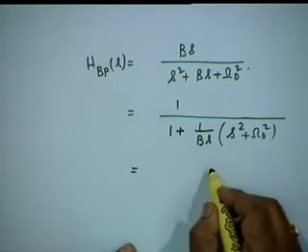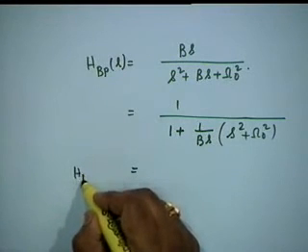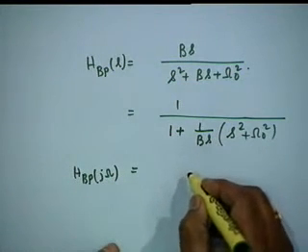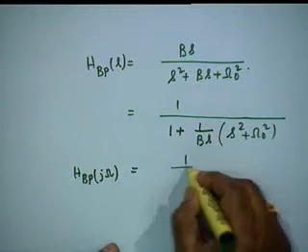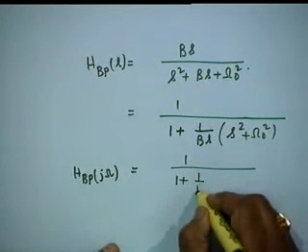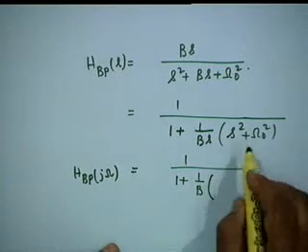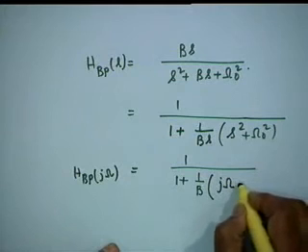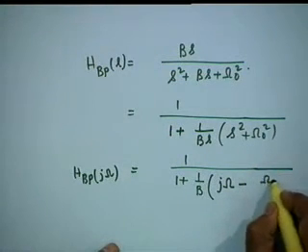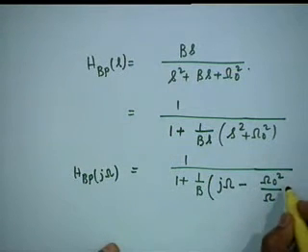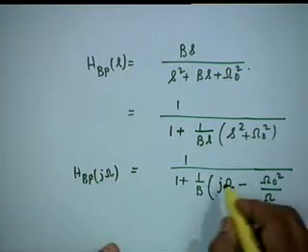If I take the variable on the imaginary axis, H BP of j omega would be 1 by 1 plus 1 over B. I take s inside, then I get j omega minus omega 0 squared by omega. j will come out.